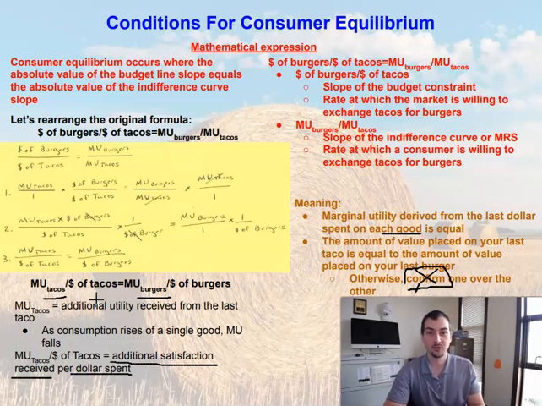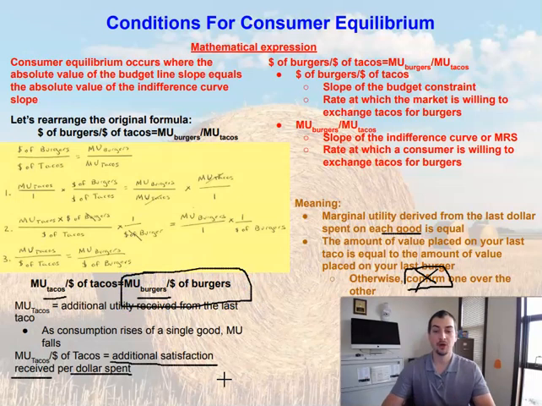But as you consume more tacos, what happens to that marginal utility? It begins to fall. So that marginal utility per dollar actually begins to fall as well. So as that progresses, these burgers look a lot more appetizing as well. So basically, this marginal utility of a good divided by the price of the good is going to show you the additional utility you receive per dollar spent.